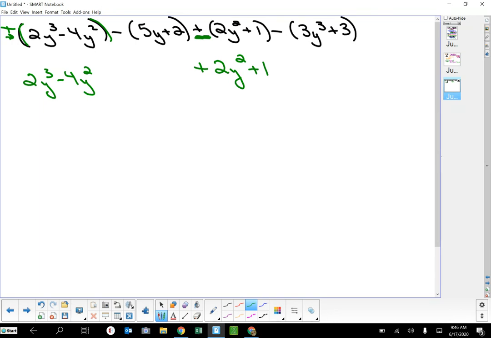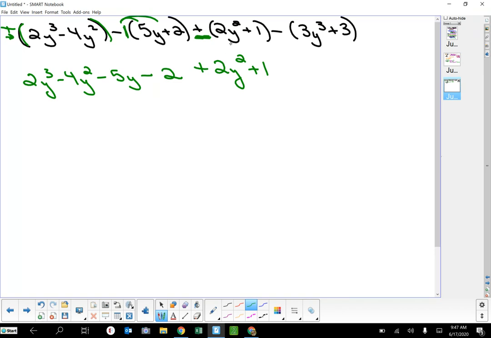And then if you have a minus sign in front of a set of parentheses, remember that that's actually a -1, and you need to distribute that negative to anything inside the parentheses. You could have 15 terms in a set of parentheses. Make sure you distribute until the last term before the closed parentheses. So I'm going to distribute and bring these down. So it's going to be a minus 5y minus 2.